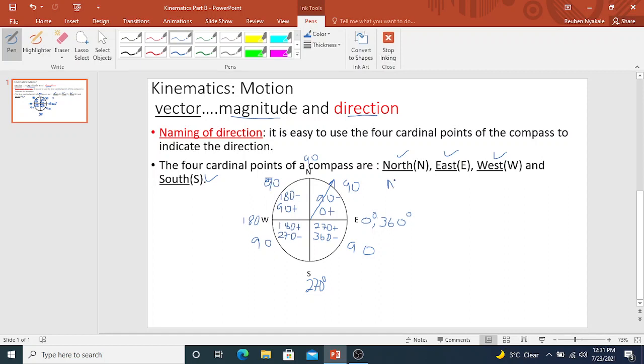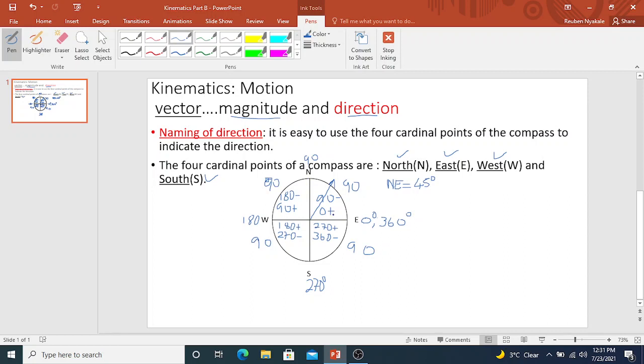Having said that, when you have a northeast direction, you are at a 45-degree angle. Why?